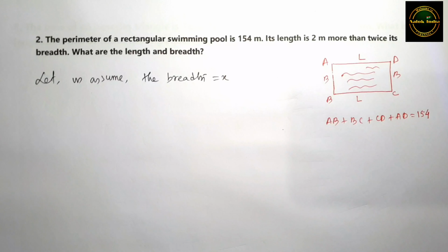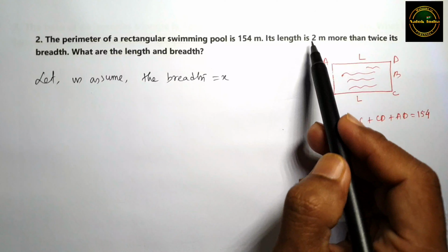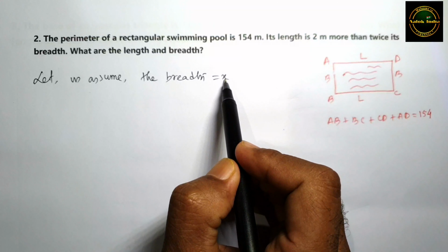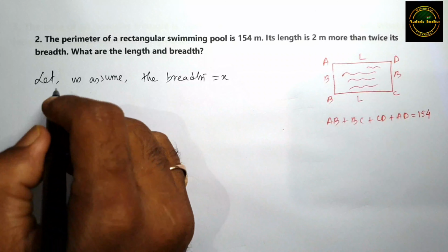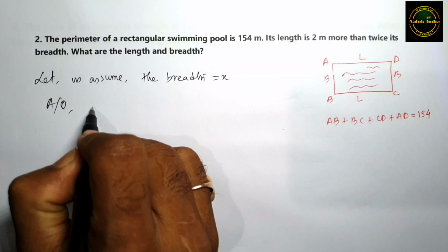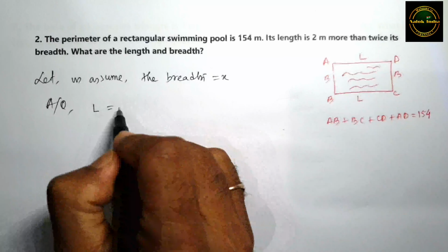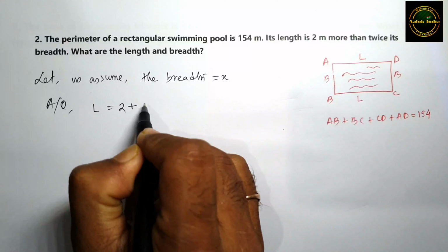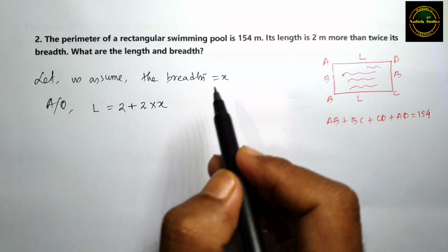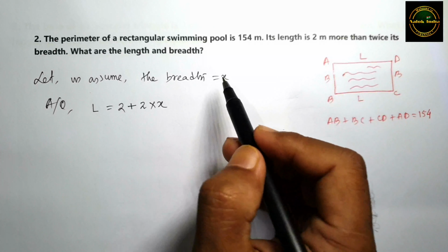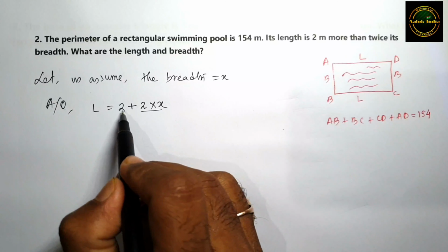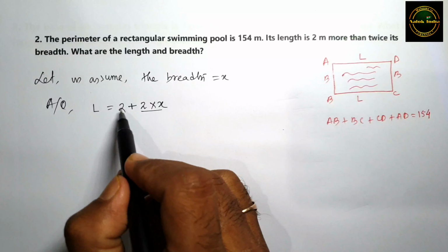Because in the question they have said its length is 2 meter more than twice its breadth. So once you assume breadth is equal to x, according to the question we can write length is equal to 2 meter more than twice its breadth. That is, if breadth is x, twice its breadth means 2x, and 2 meter more than means 2x plus 2. As they said more, we'll add 2.